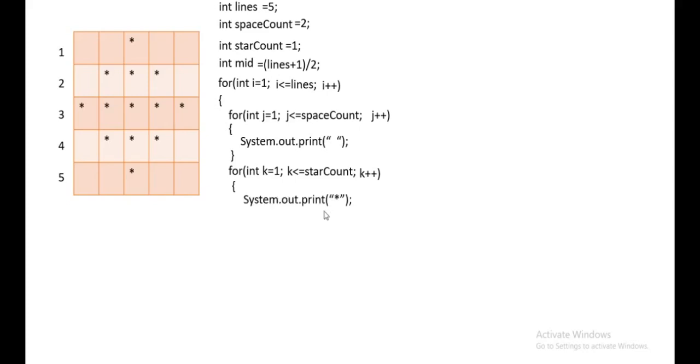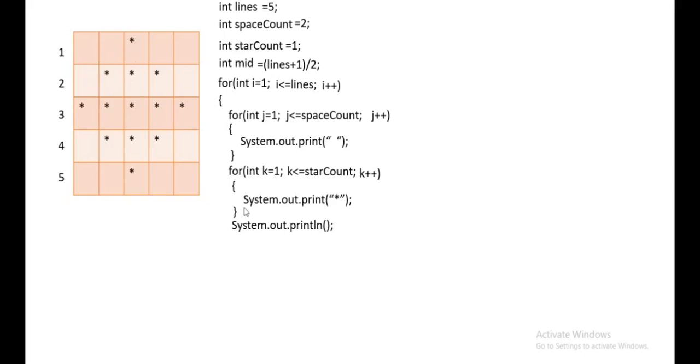Then every time a line is completed, we need to shift to the next line. So we come out of this loop and print a new line. Use System.out.println to shift to the next line. Then see the above part of the middle line. Each time a line is completed, the number of spaces decreases by 1 and stars increase by 2.